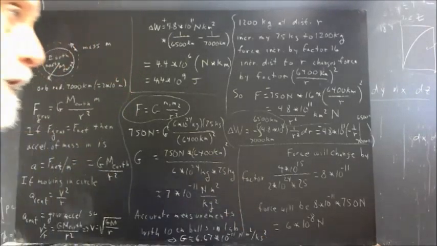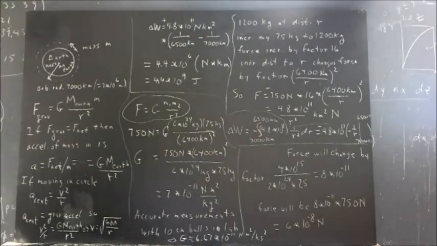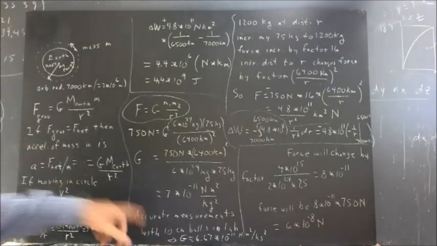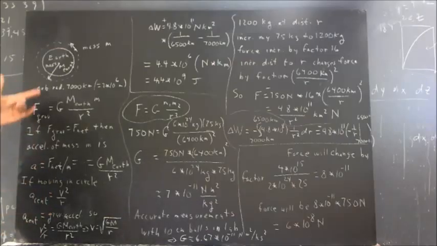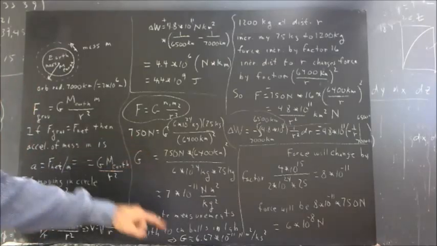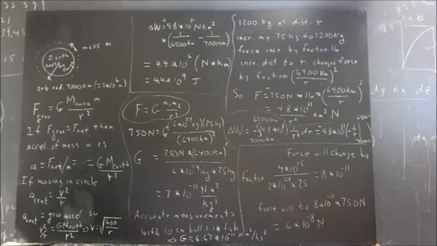That might be a little hard to read at the bottom of the screen, but it should be kind of legible. We're going to be seeing that quite a bit, but that's the value of G. We're not going to use the value of G in calculating this, just letting you know there is a value of G that has been measured in the lab to a number of significant figures.